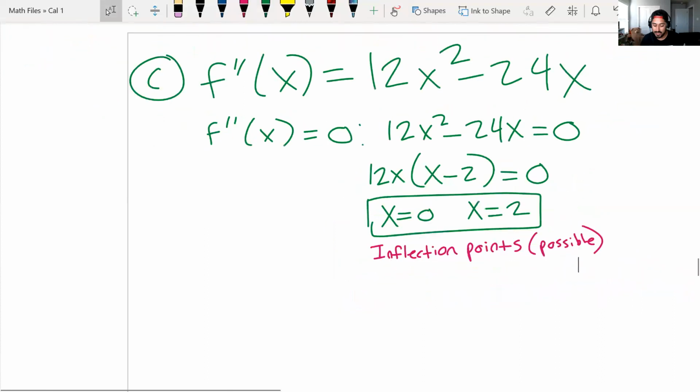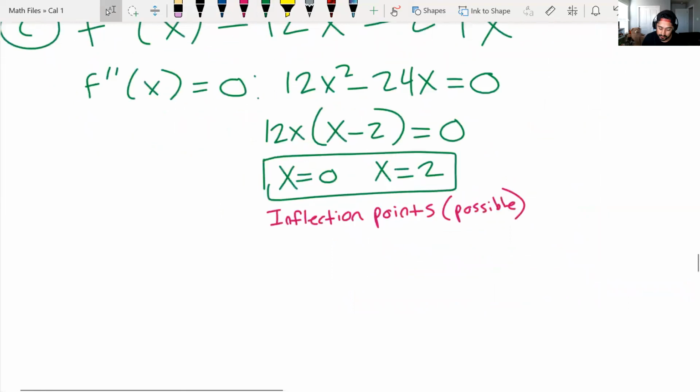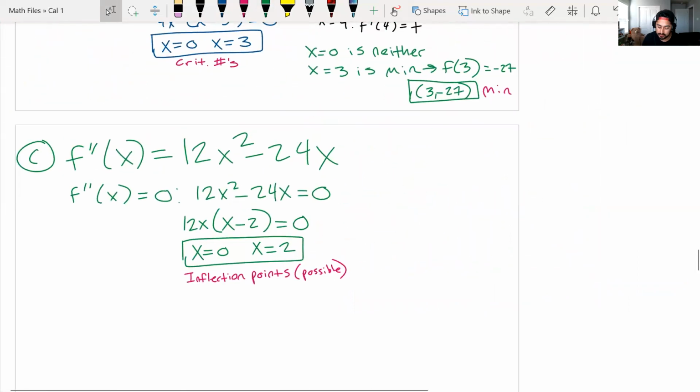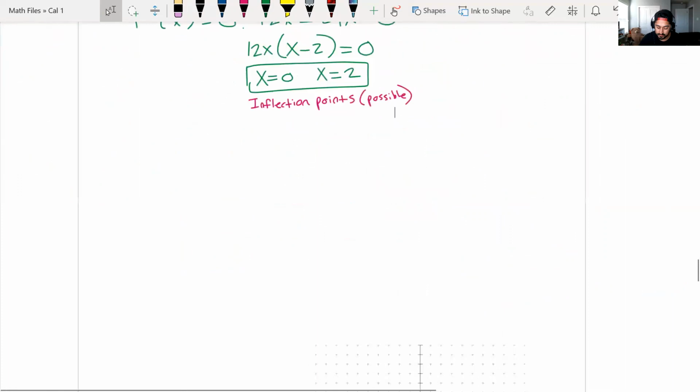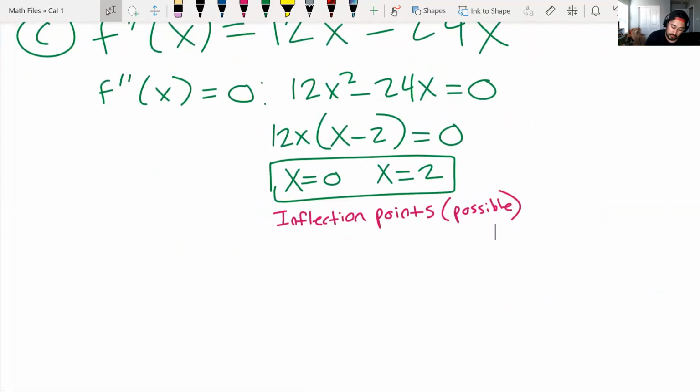Sign chart. We have to make a sign chart. Plot these inflection points. Tons of room. So let's make our sign chart.